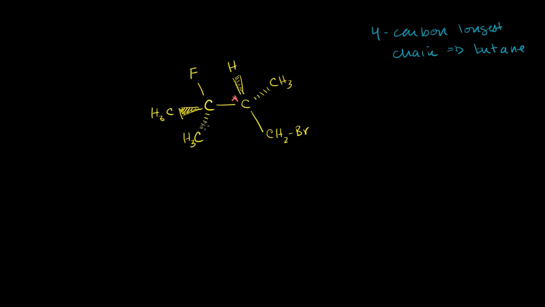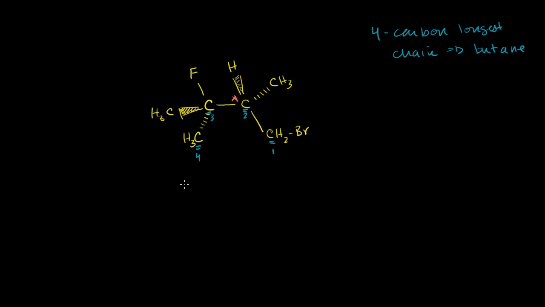So what we're going to do is use this carbon, this carbon, this carbon, and that carbon as our longest chain. And we want to start from the end that's closest to something being attached to it, and that bromine's right there. So this is going to be our number 1 carbon, our number 2 carbon, our number 3 carbon, and our number 4 carbon.